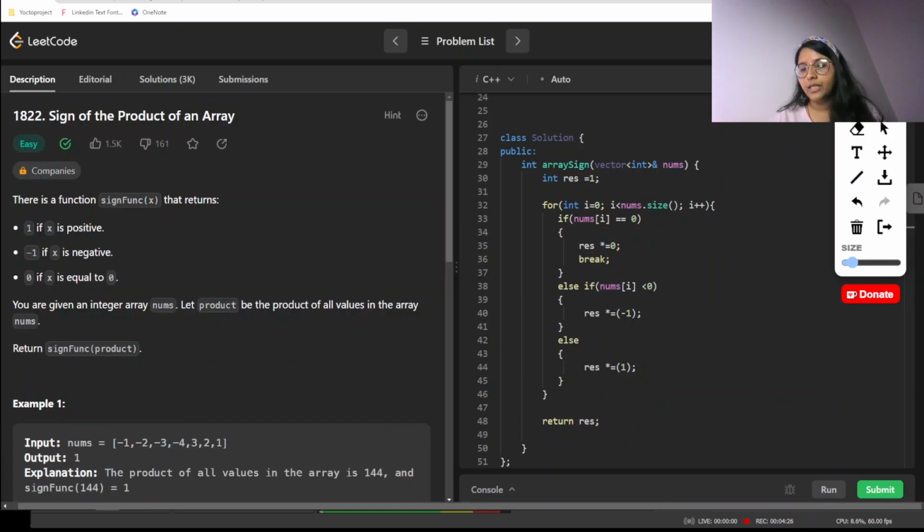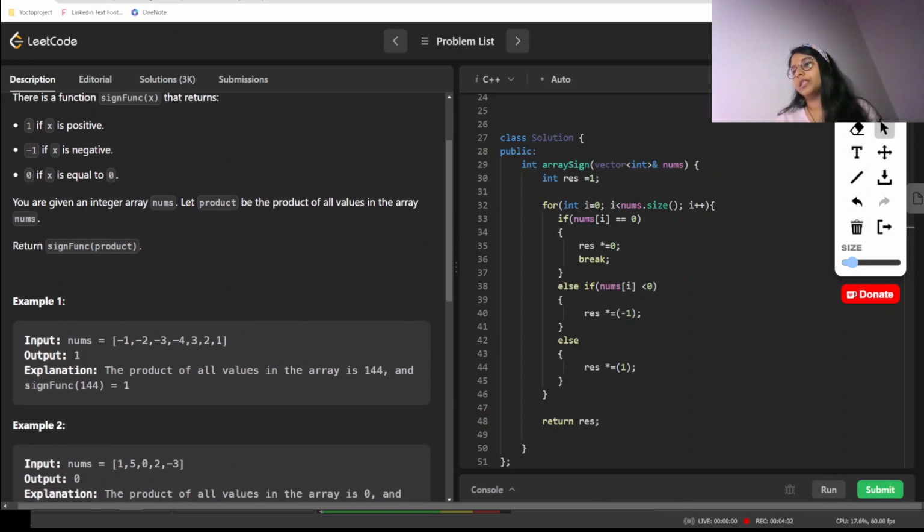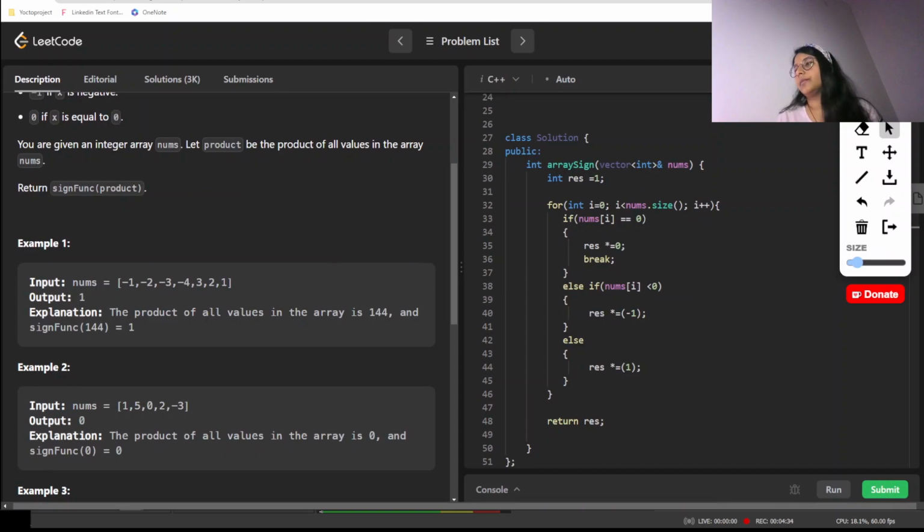But the point here is that without even using the function which they are providing, just using the functionality they are giving us, we can directly multiply by 0, minus 1 or 1, rather than multiplying with nums of i itself.